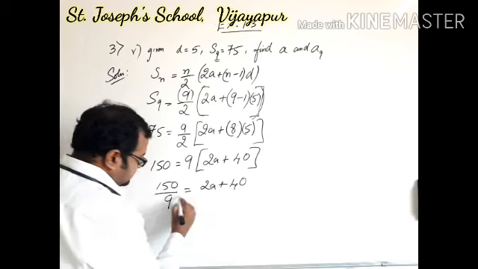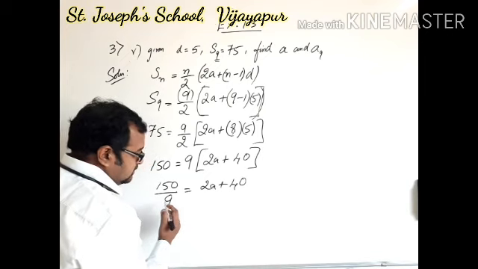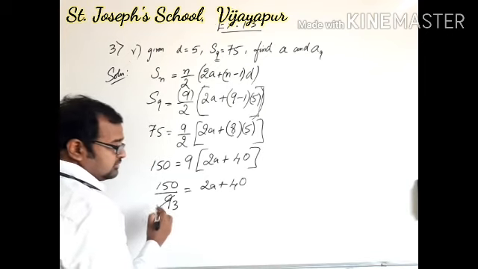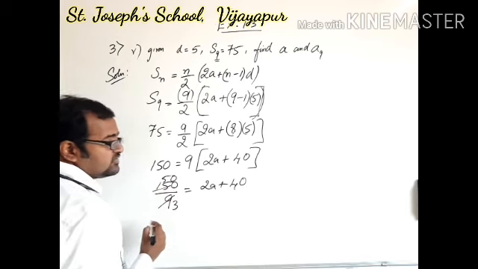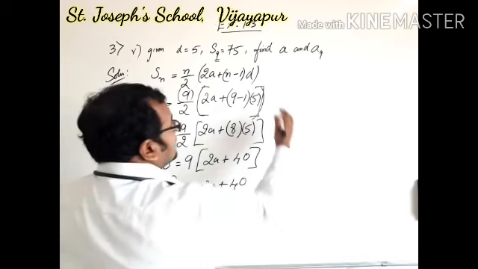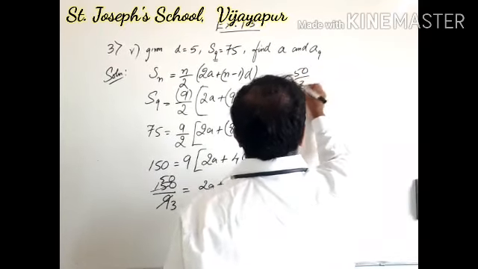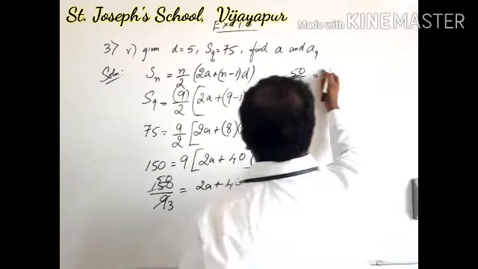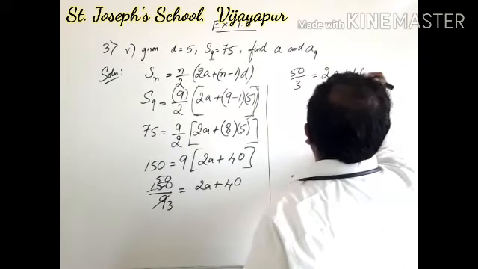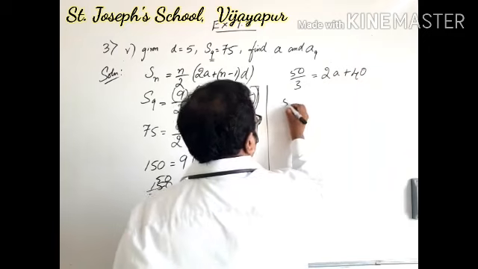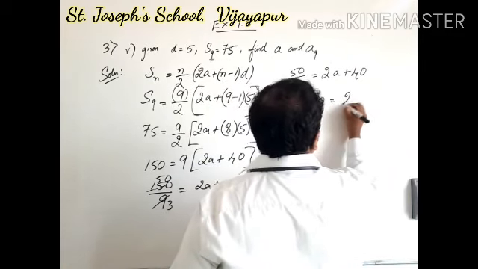Do we have a common factor here? 3 is a common factor. So it's 50 by 3, which is equal to 2a plus 40. So 40 comes to the other side, becomes 50 by 3 minus 40 is equal to 2a.